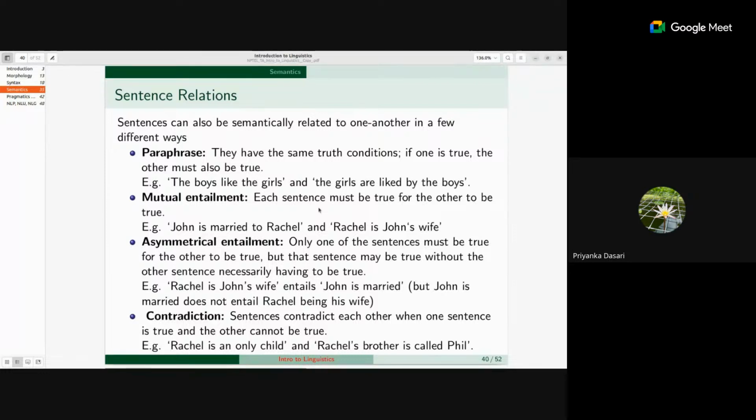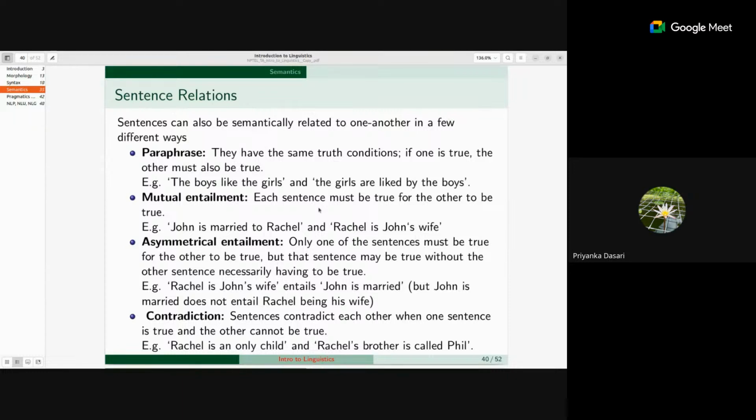And asymmetrical entailment is like: Rachel is John's wife entails that John is married, but John is married does not entail that Rachel is his wife. You understand, right? Only one of the sentences must be true for the other to be true. But that sentence may not be true without the other sentence necessarily being true.